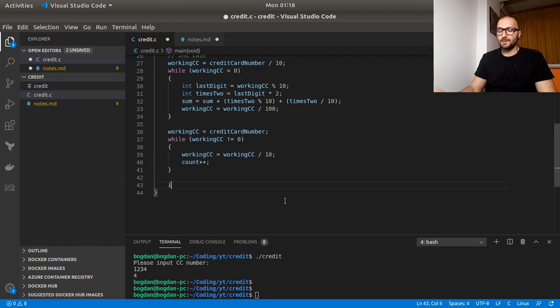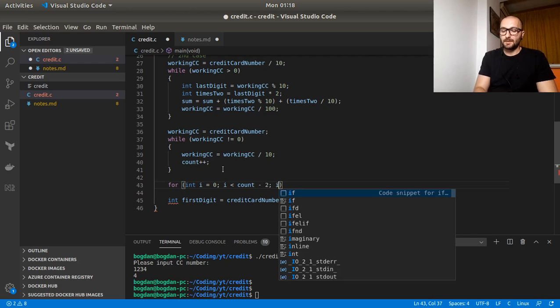So let's do the first digit equals working CC. Actually, we can use the credit card number because we won't be modifying it. And times, oh, we need the divisor here. So we're going to do the loop that we talked about. So for int i equals 0, i is less than count minus 2, i plus plus.